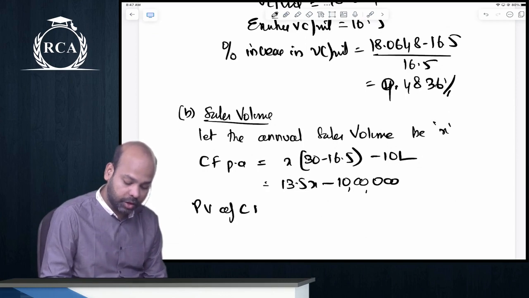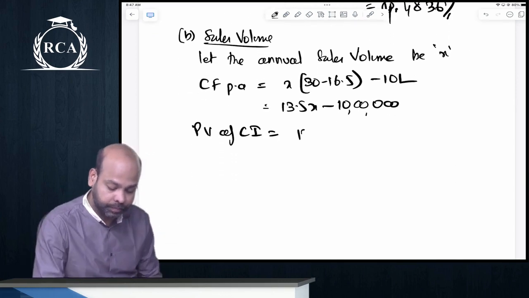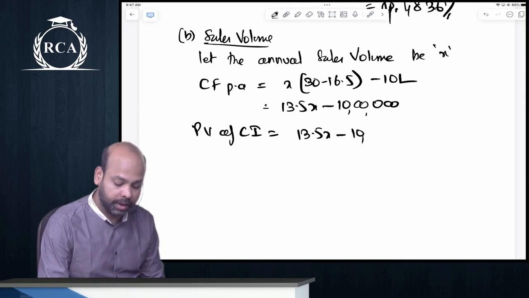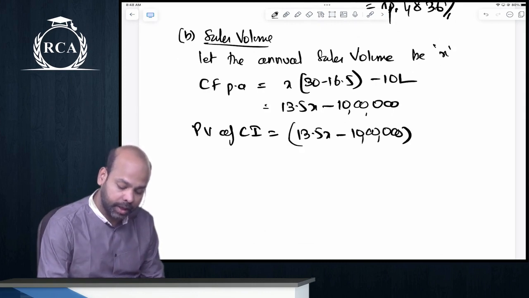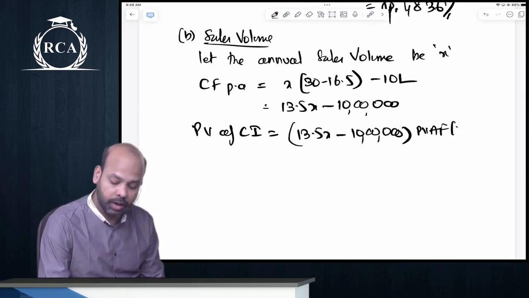Present value of cash inflows, beta, what will you write? 13.5x minus 10 lakhs into PVAF at 12% for 5 years.